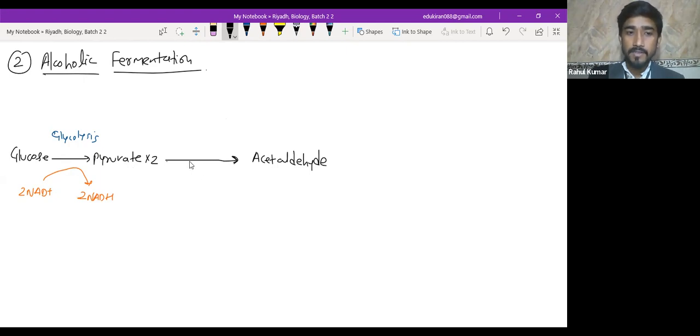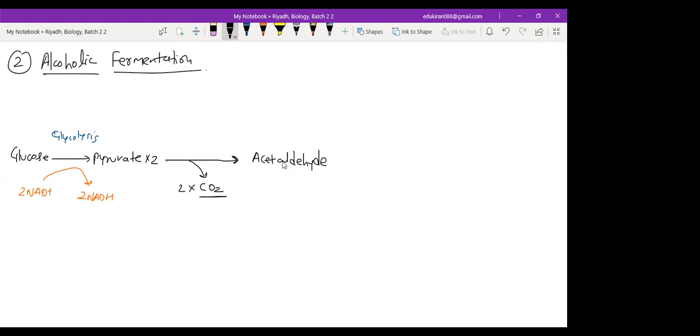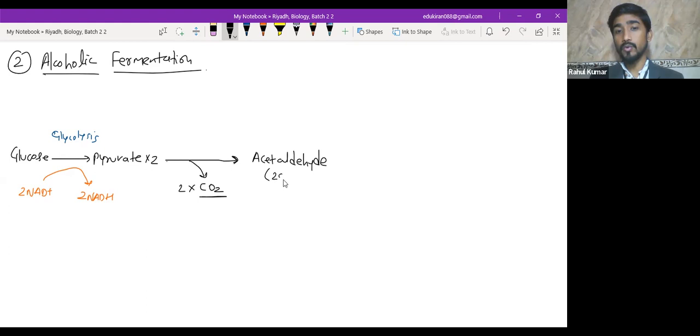When we are doing this, we are losing 1 carbon from each pyruvate in the form of CO2. So which means there are 2 pyruvates, so there will be 2 CO2s which we are losing. So basically we are removing 1 carbon. So if pyruvate is a 3 carbon molecule, acetaldehyde will be a 2 carbon molecule. I'm writing it 2C molecule. Remember this, because 1 carbon is getting lost in CO2.